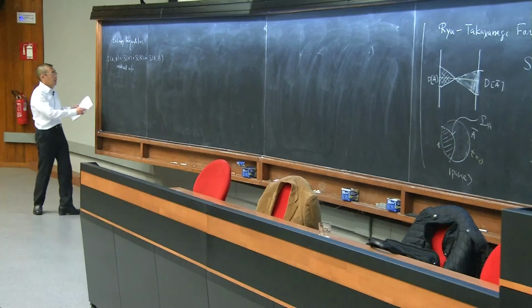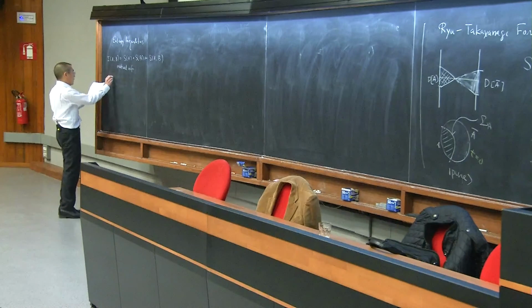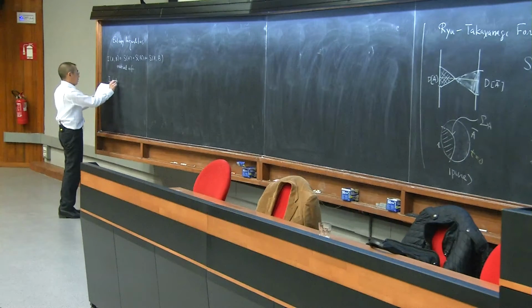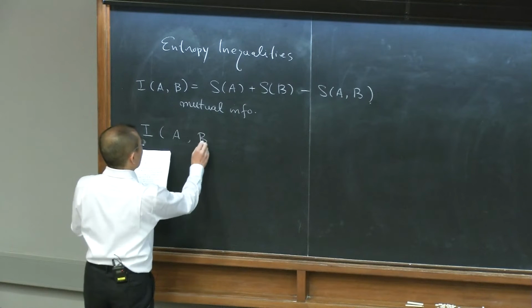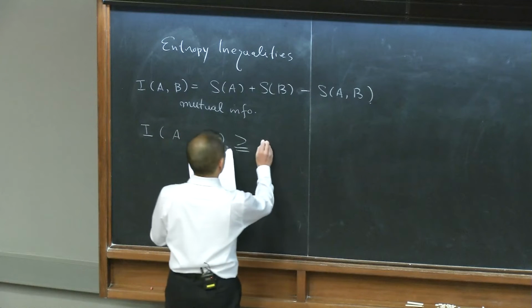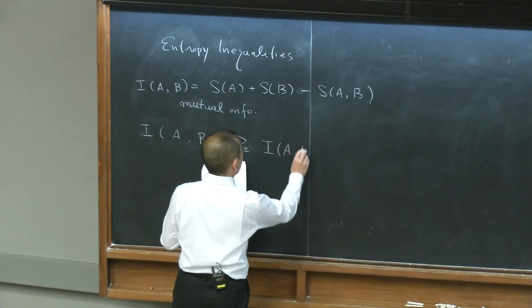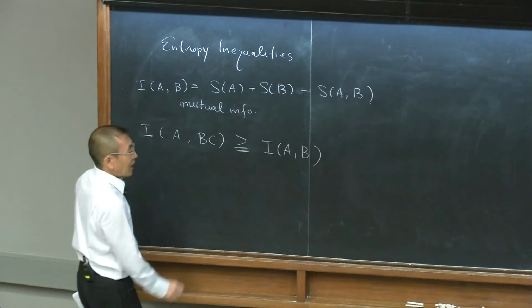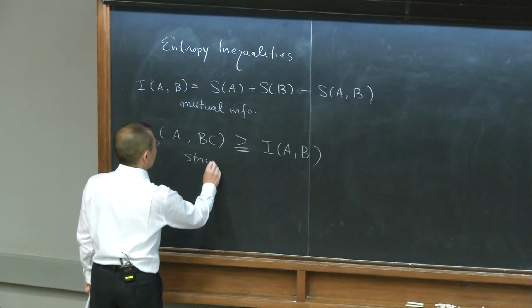And the other condition is that if you learn something more, then you'll be less uncertain. That would be the slogan. And so this can be summarized in this type of formula. And this is actually strong subadditivity.